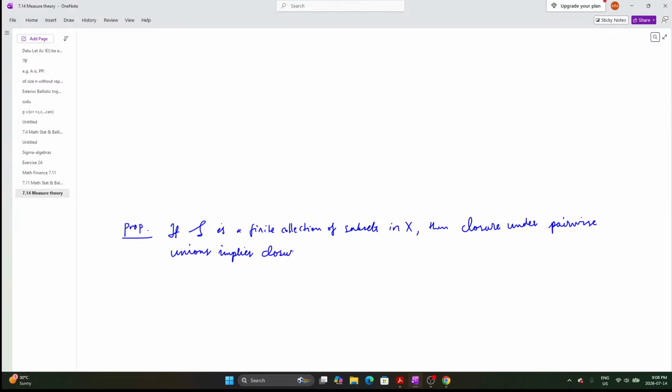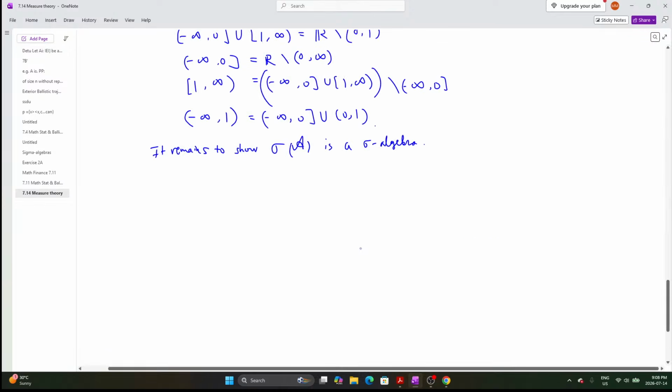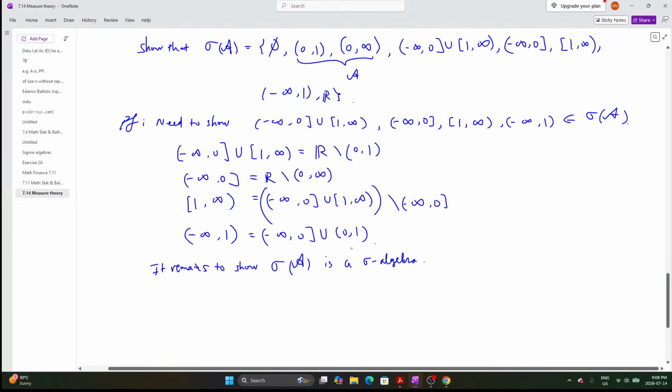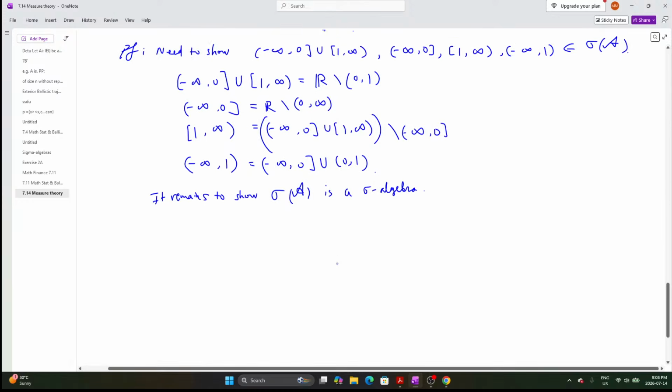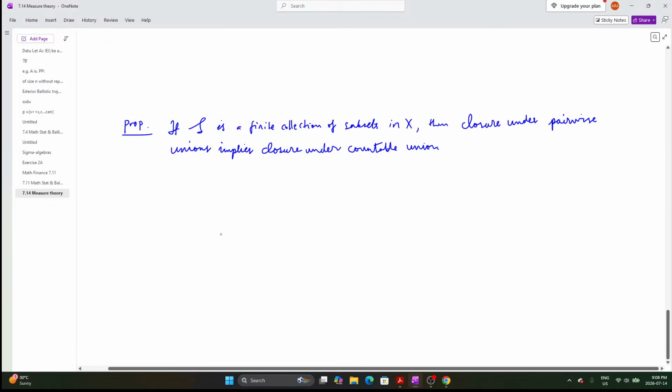Just finish this sentence here. Okay, so we'll prove this. Basically, I'm claiming that you just need to check that sigma of A is closed under, not finite, but pairwise union. That's already enough. We'll come to this proposition and we'll prove it.